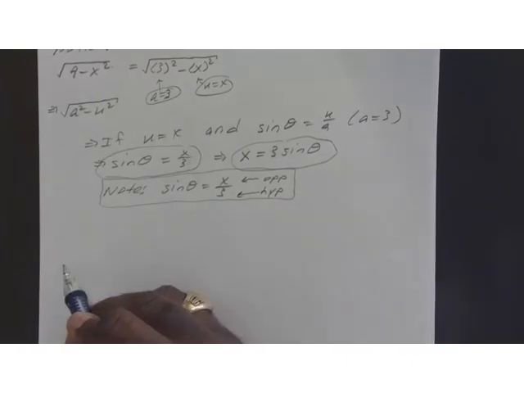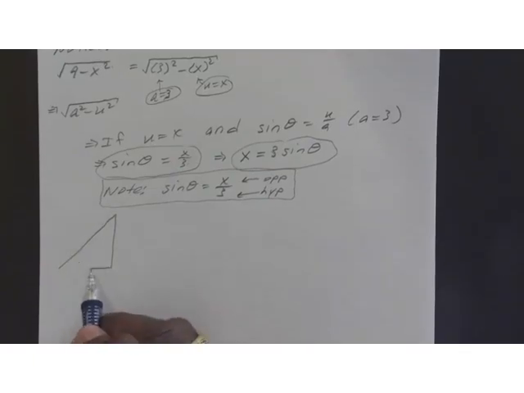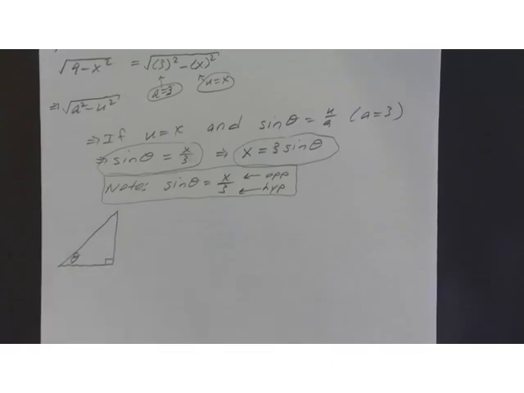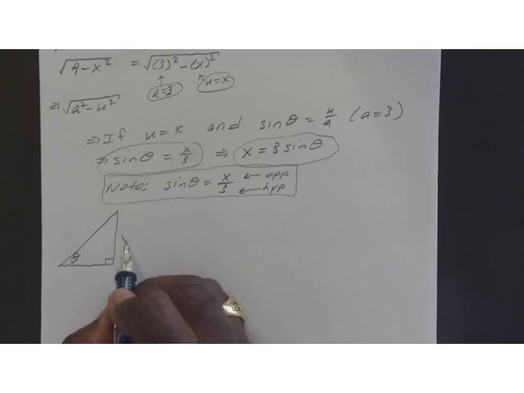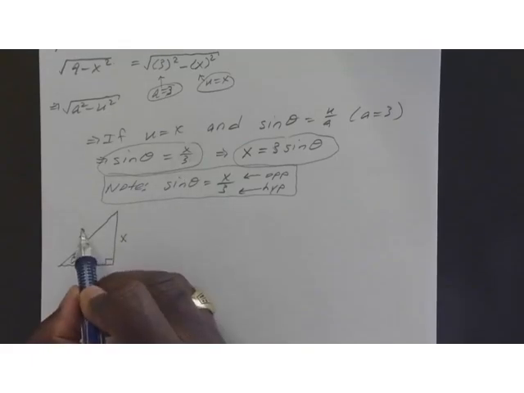So if we recreate our right triangle, and this is our theta, the opposite is x, and the hypotenuse is 3.